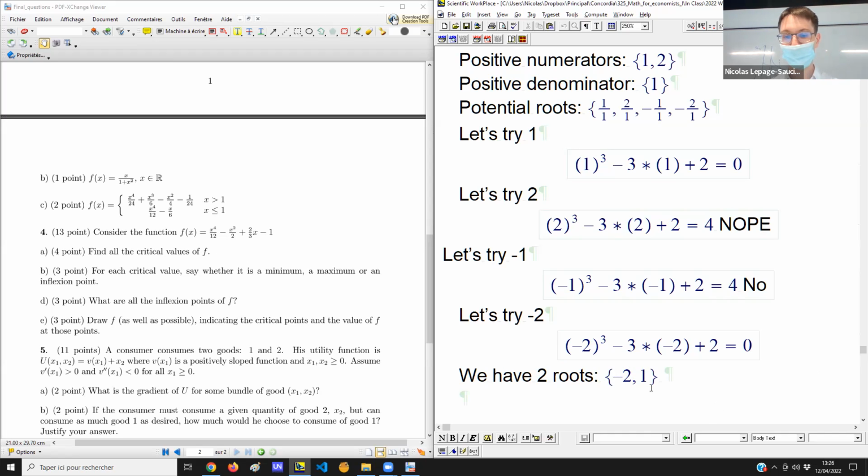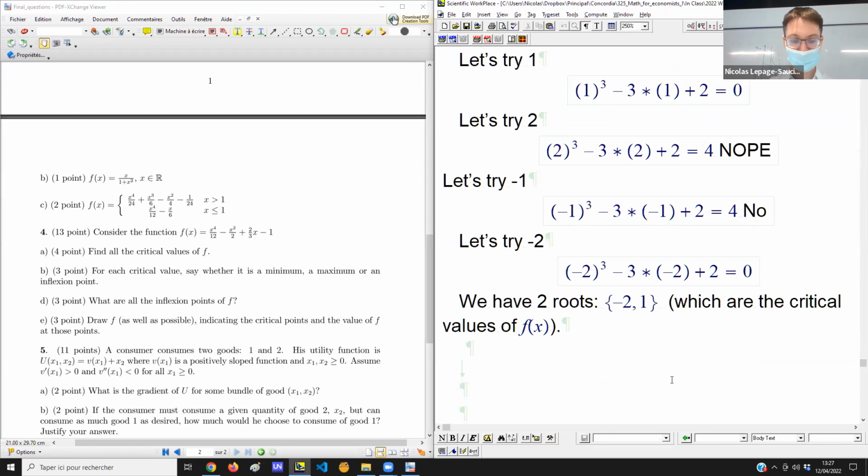So -2 and 1 are the critical values of f(x), which we wanted to find. So that's A.